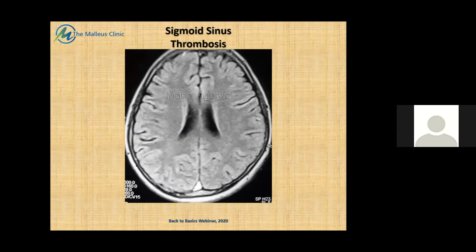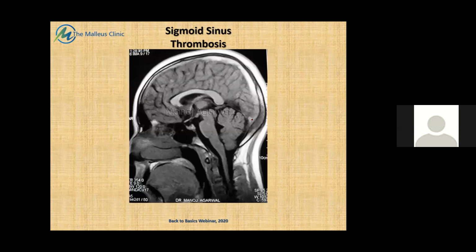So as you can see, if the sinus is progressively getting more and more involved, the lateral sinus involvement could involve the transverse sinus, and then even the sagittal sinus. As we can see here, the sagittal sinus is beginning to get involved, and you can see the sagittal sinus involvement very clearly in this particular patient.